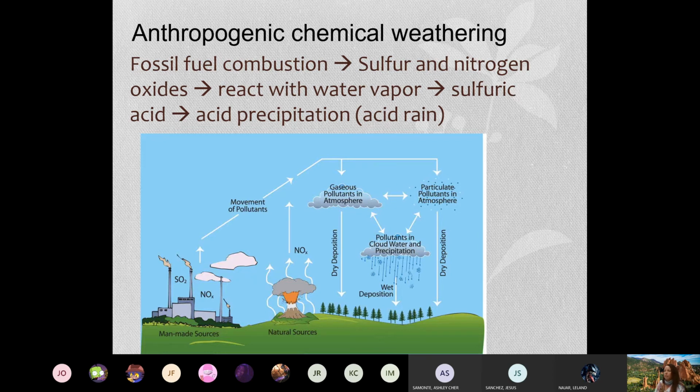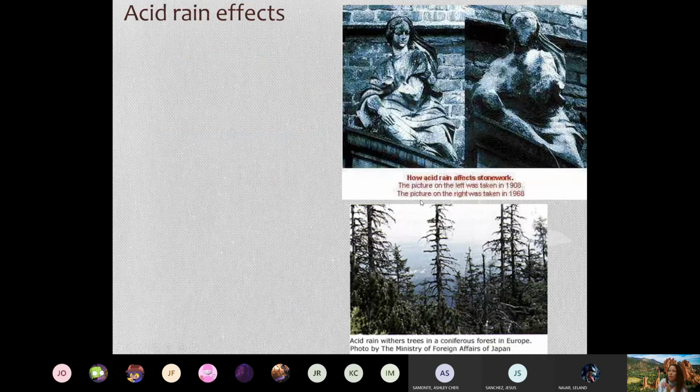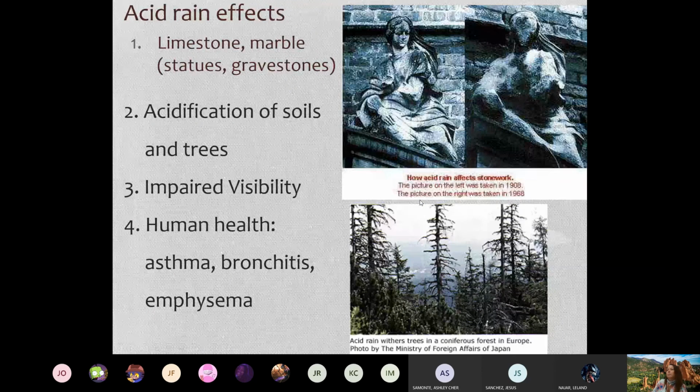All right. Hopefully you guys have heard of acid rain before. And if not, what does it do? So we have statues that are typically made of limestone or marble.